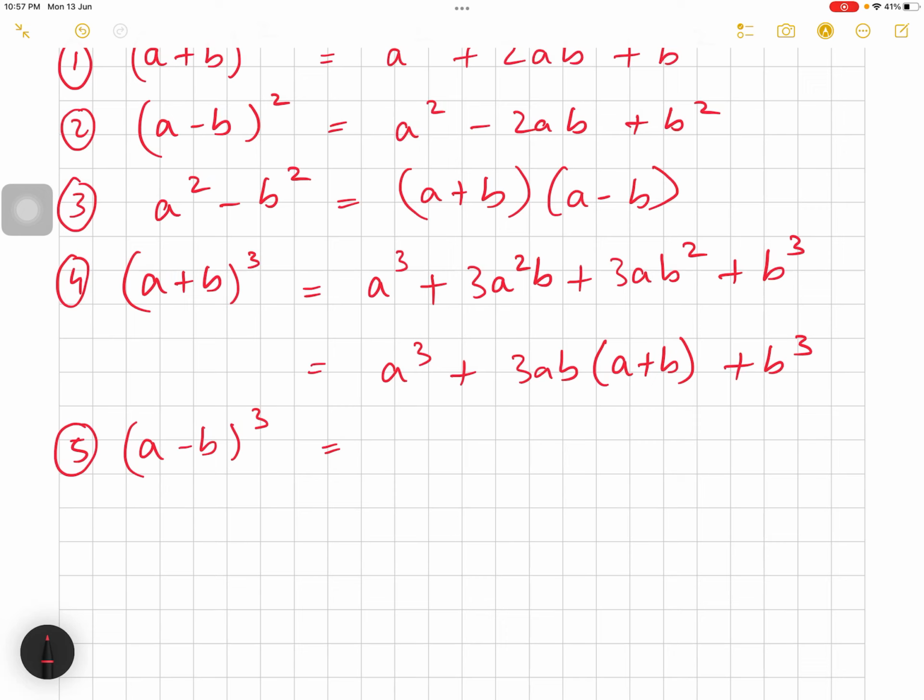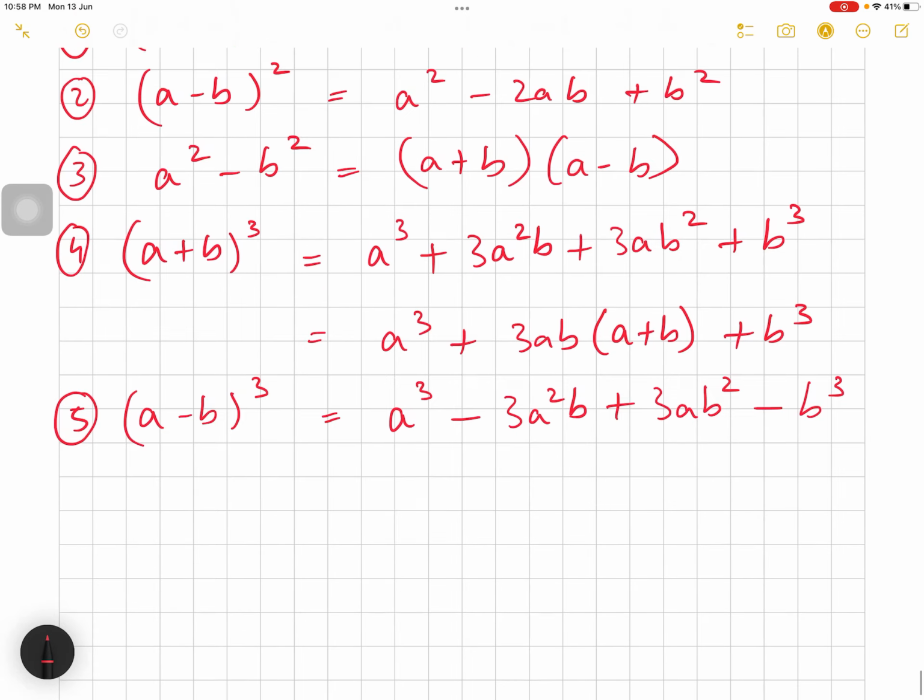A minus b the whole cube is a cube minus 3a square b plus 3ab square minus b cube. Okay, so yeah, this is the formula.